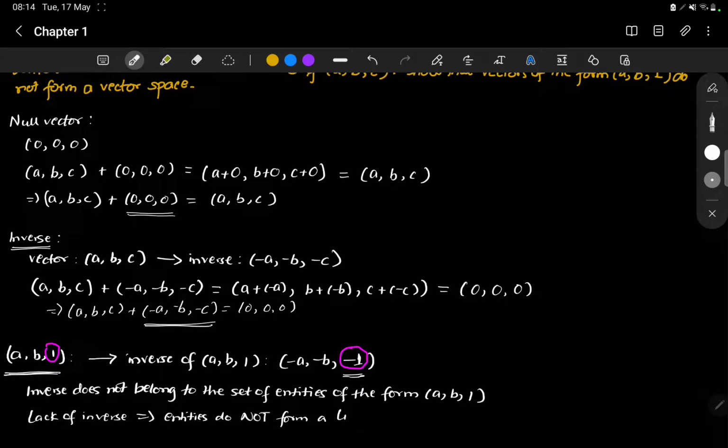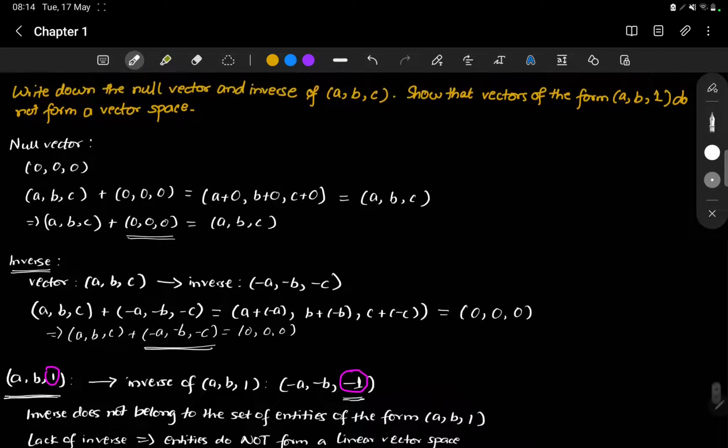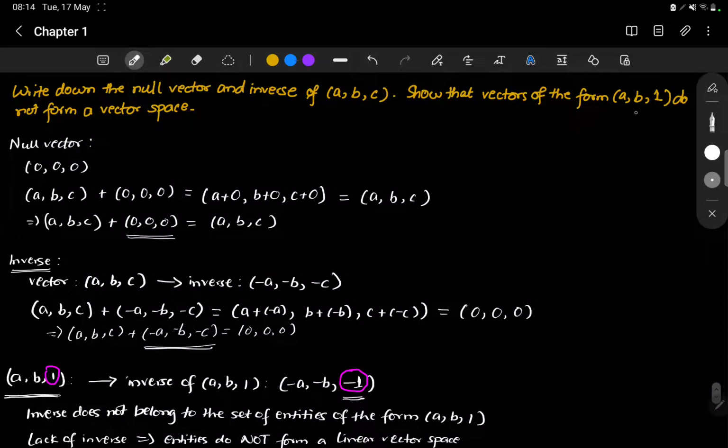So that means that if we do not have the inverse, then they are not forming a vector space. So we have shown this last part also, that a, b, 1 do not form a vector space.